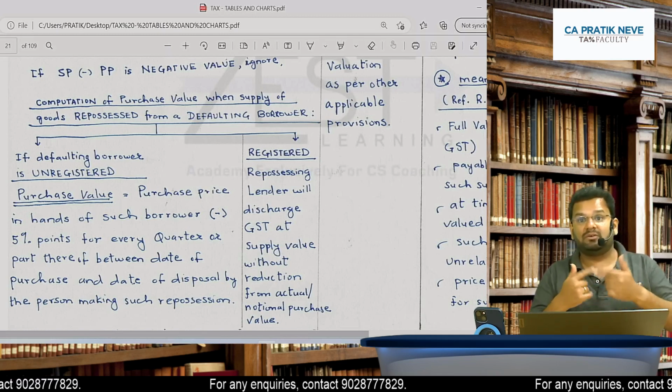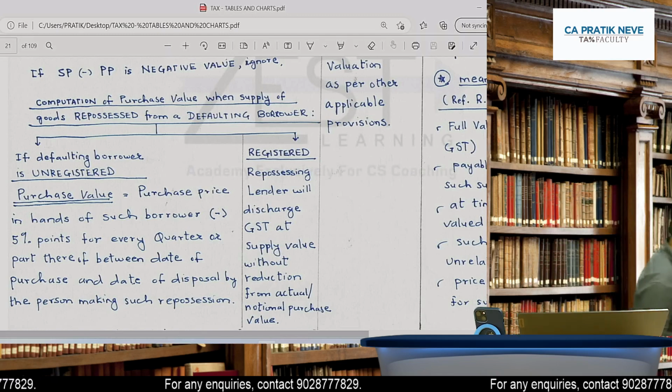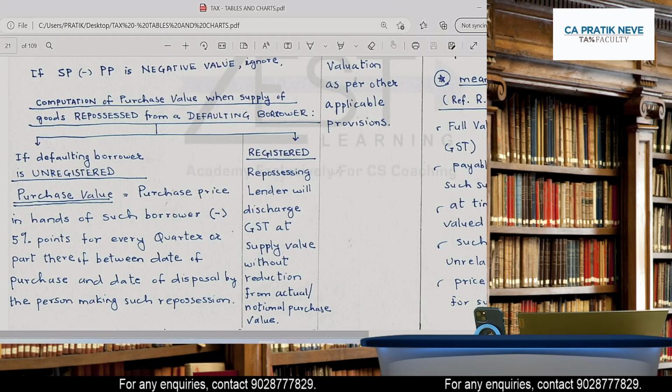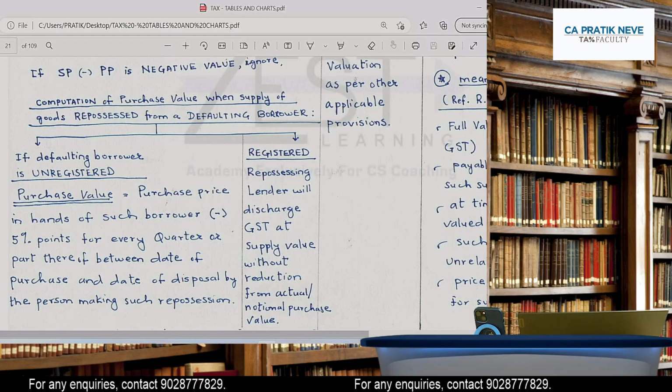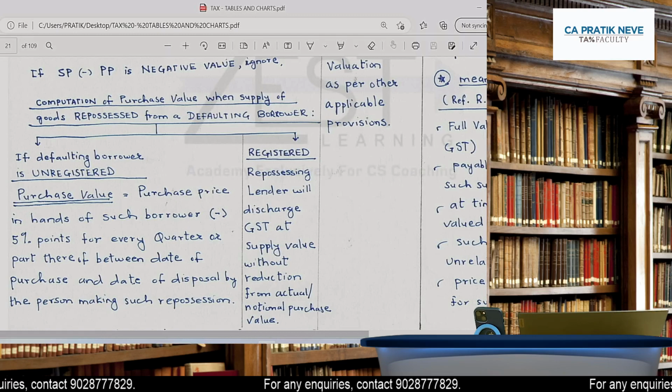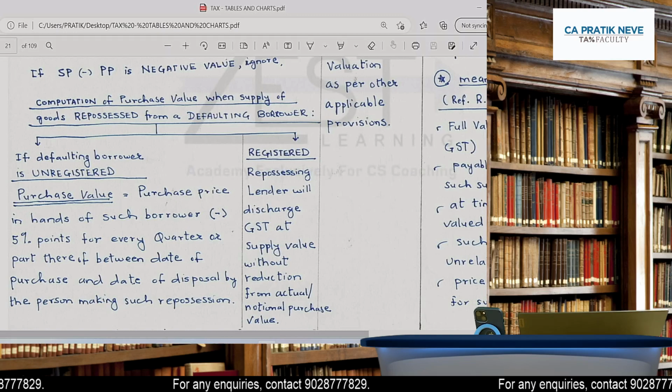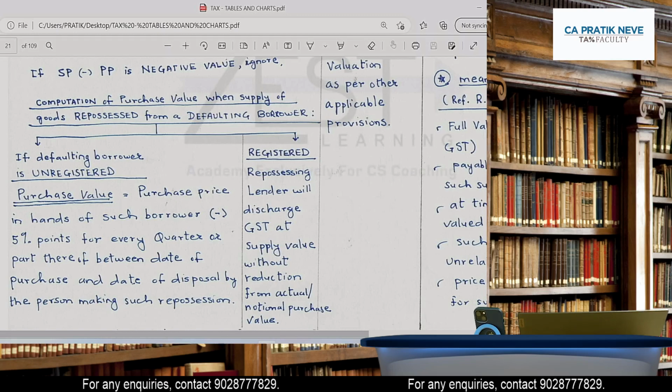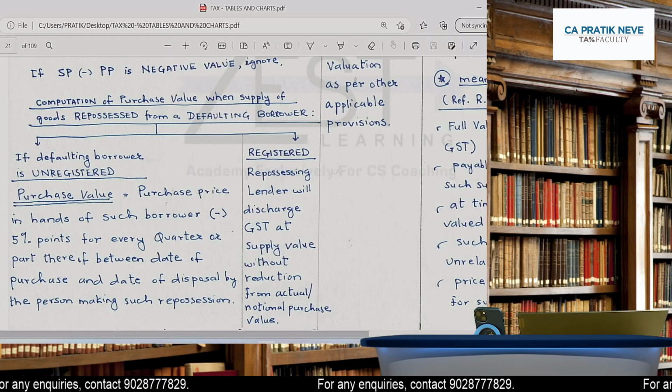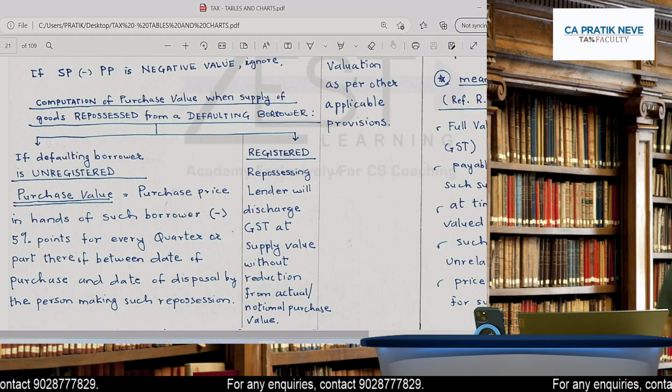Repossessed goods are being sold. Okay, see friends, I'm back.